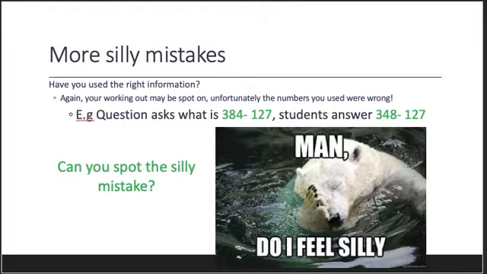So, for example, if a question asks what 384 minus 127 is, we've seen instances where students might write down 348 and minus 127 from that. Can you see the really, really silly mistake in that? That would result in an incorrect answer and a loss of marks. So do double check that you are actually writing down the information from the question correctly too.